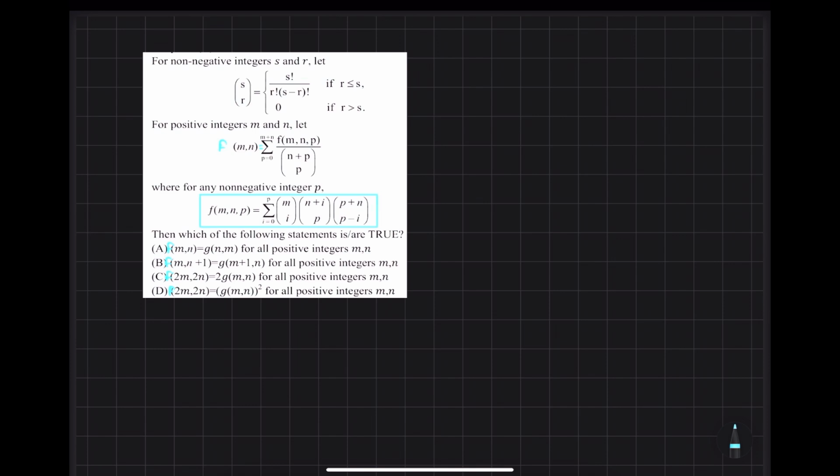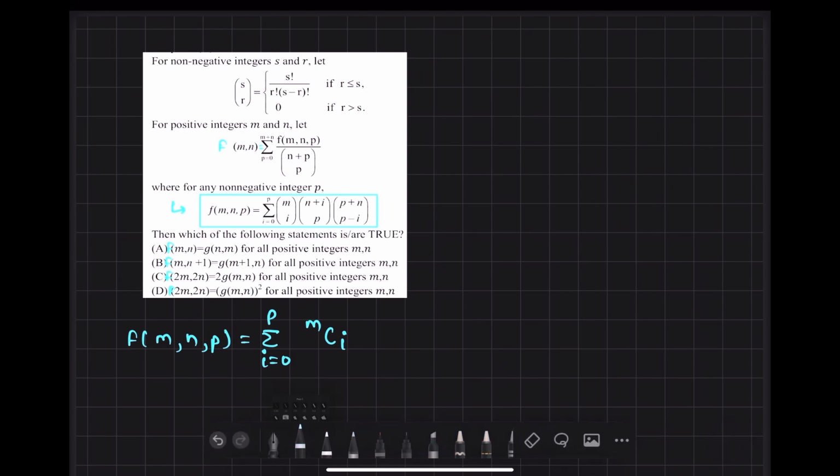So the idea is I will first manipulate this. So can I write f of m, n, p as summation i starts from 0 to p? So what is the variable? i is the variable. mCi into (n plus i) C p into (n plus p) C (p minus i).